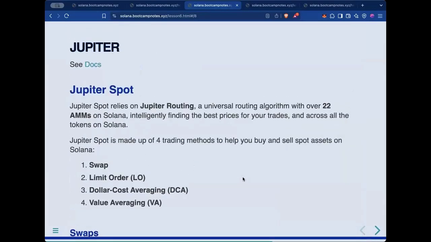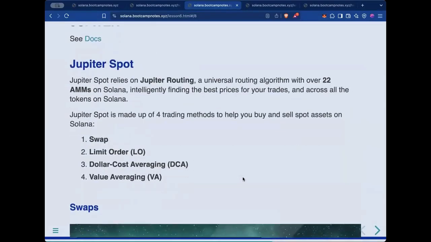Other ones, one of the popular ones, Jupiter as well. This is an example where they have an algorithm to intelligently get the best price by routing amongst different AMMs in the ecosystem, very much providing services for traders here.